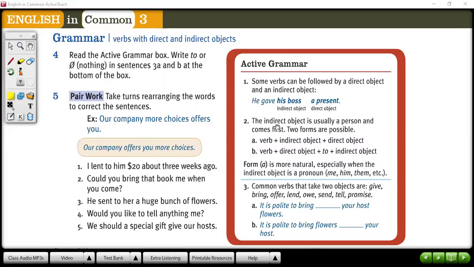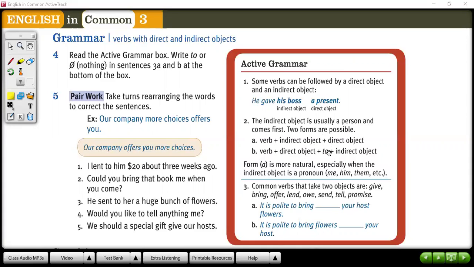Number 2, the indirect object is usually a person, as I said, and comes first. Two forms are possible, and I explained the two forms, 1 and 2, and here they are A and B. A: verb plus indirect object plus direct object. B: direct object first, plus to, plus indirect object.